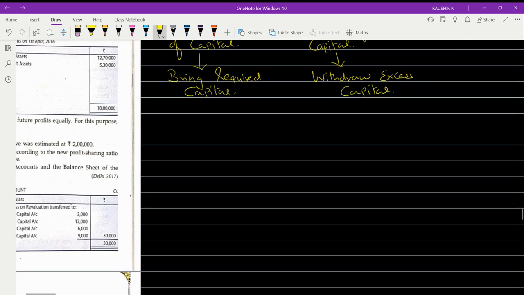Now let us go for the journal. When you want to bring further capital, what is the journal? Cash or bank account is debited to the respective partner's capital account. That's the only change.